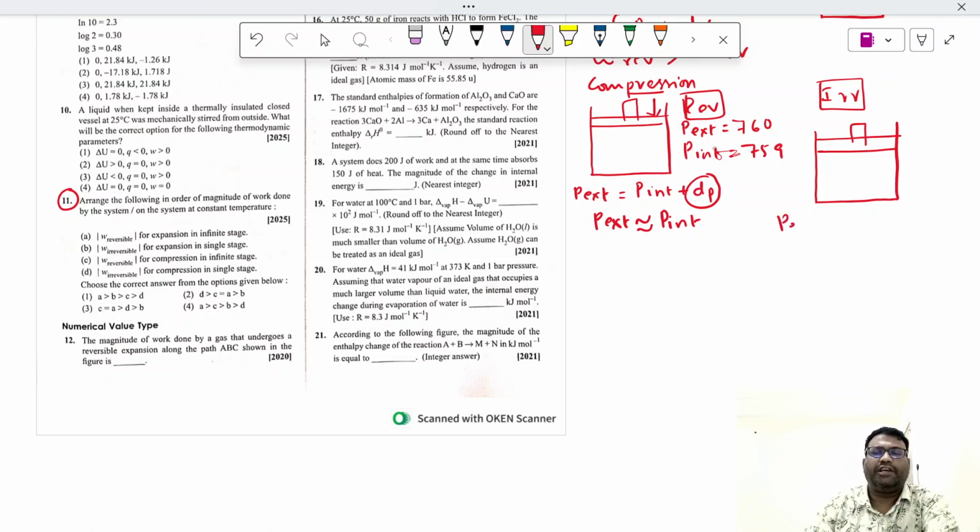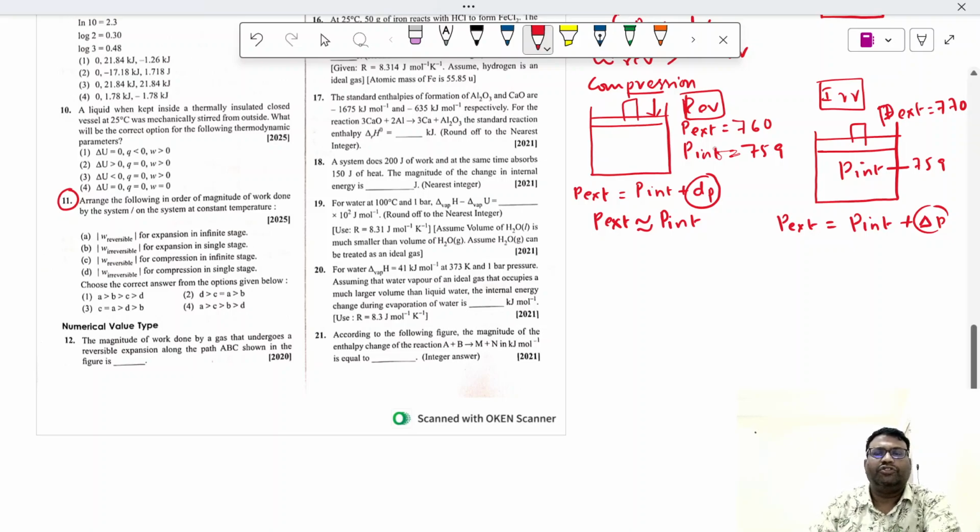So P external is equal to P internal plus delta P here. That means let it be 759 P internal, but P external will not be 760, it will be something like 770.